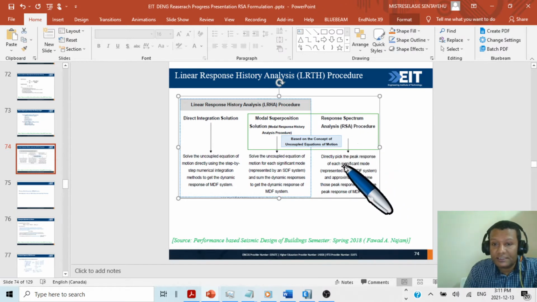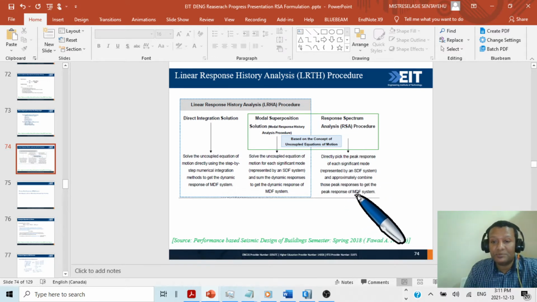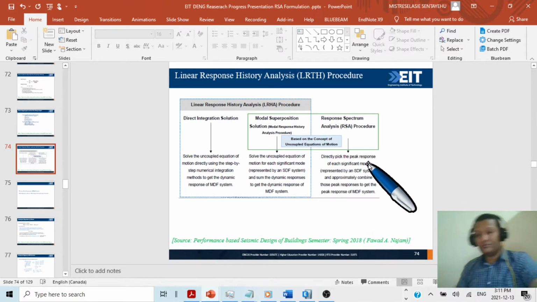But in this case, we directly pick the peak response of each significant mode represented by a single degree of freedom system, and approximately combine these peak responses to get the peak response of the multiple degree of freedom system.